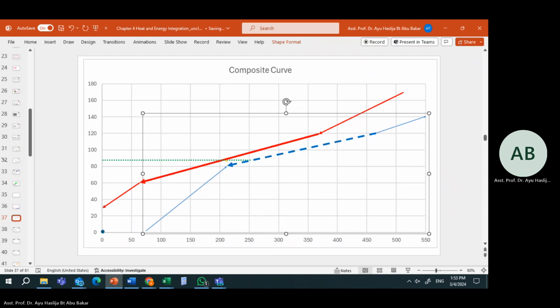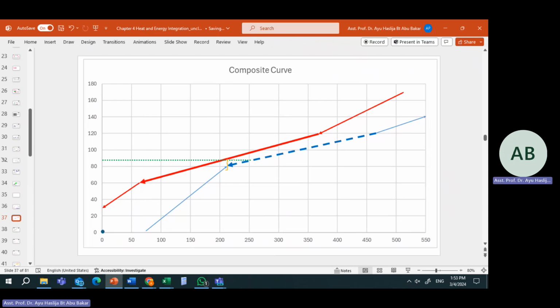So let's say here delta T min. So this is your pinch area. This is your pinch point.